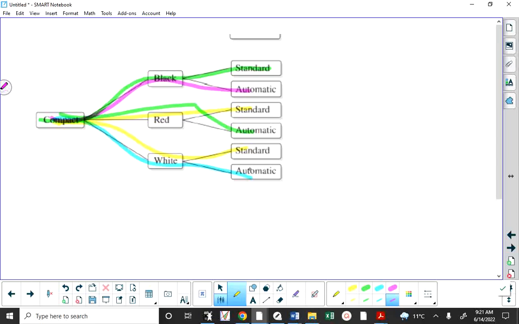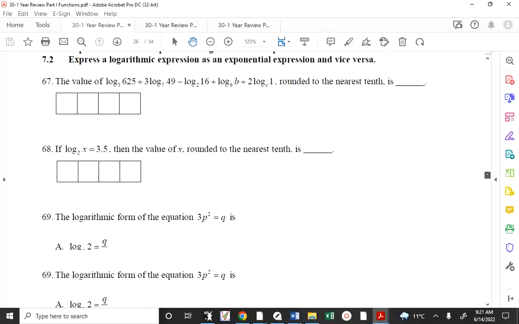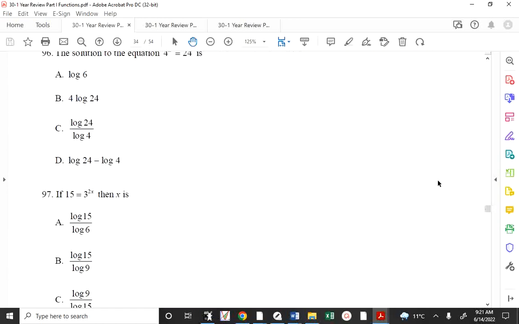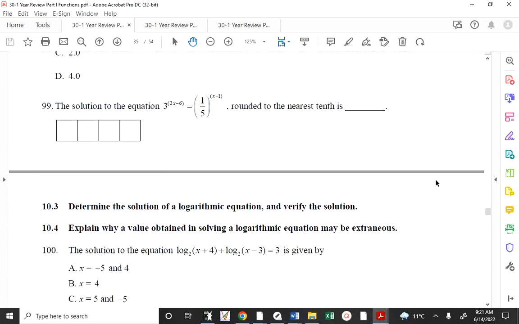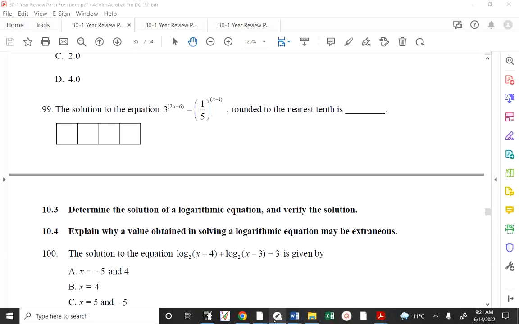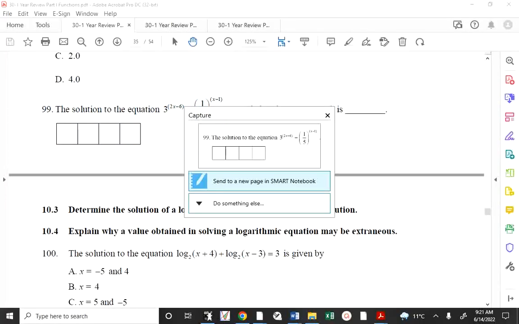99. Okay. So we want to solve this equation, and this is a very good question to know how to solve algebraically. If I saw this as a written response worth 3 marks or something, I wouldn't be surprised on an exam.